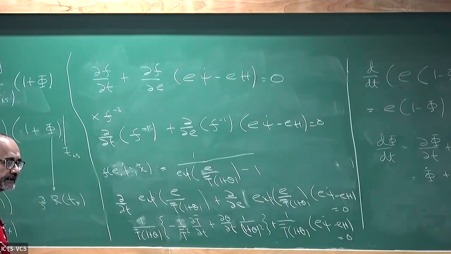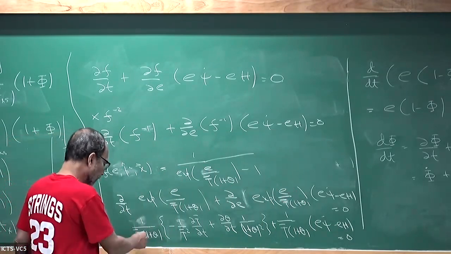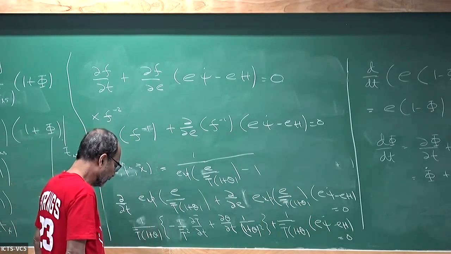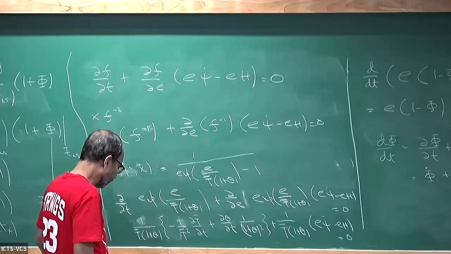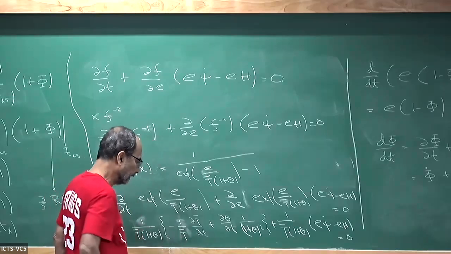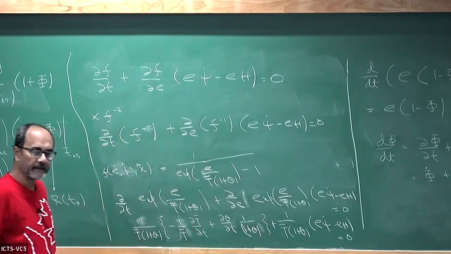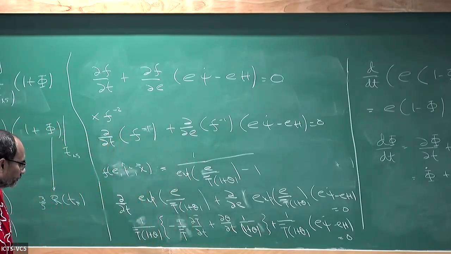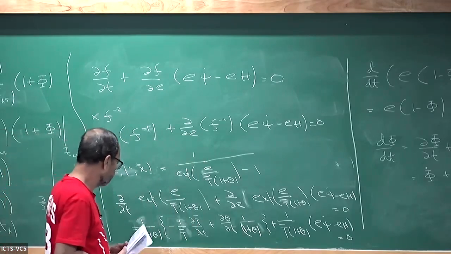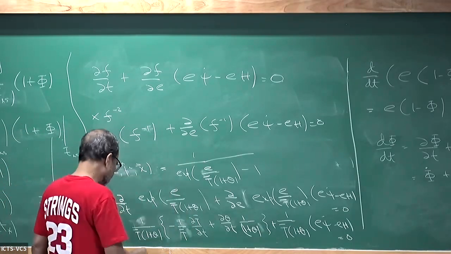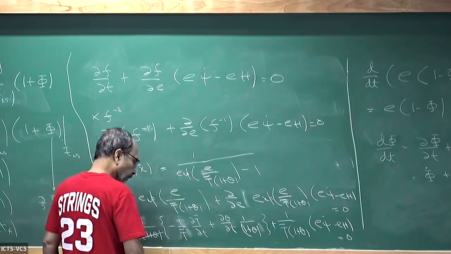I think I'll just finish in another 2-3 minutes. Yeah, so 1 by T bar to 1 plus theta. Oh yeah, thank you. Yeah, it is also 1 plus theta. Thank you. Because I have already taken out this part. So this, so T bar times 1 plus theta just gets cancelled. Is gone.